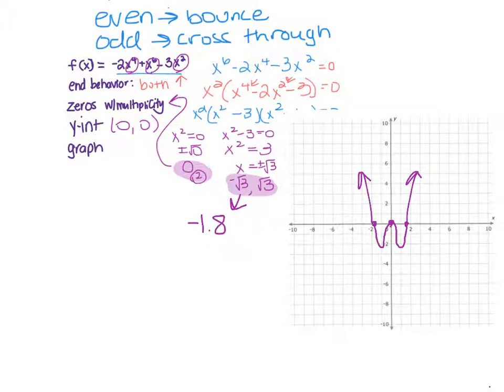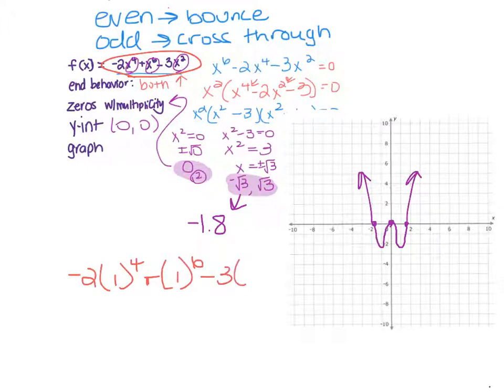Now because all these exponents are even, if I plug in a negative x to test for y-axis symmetry, it would be symmetric to the y-axis, which means I just need to plug in 1 point, either the positive 1 or the negative 1, to see how far down to go on those loops. So let's say I plug in positive 1: negative 2 times 1 to the 4th, plus 1 to the 6th, minus 3 times 1 squared.